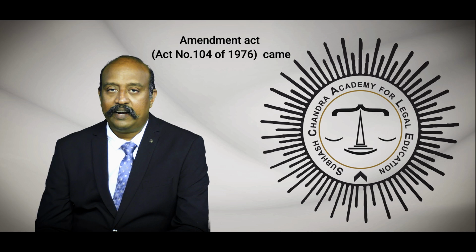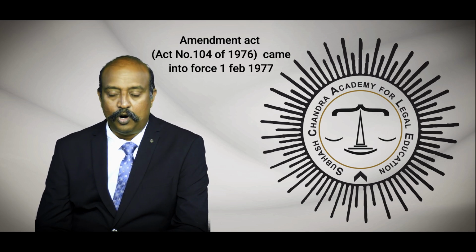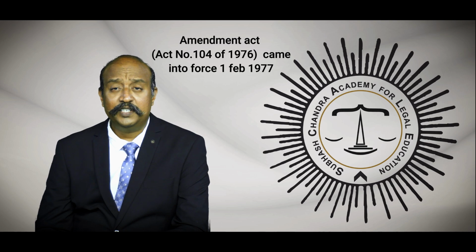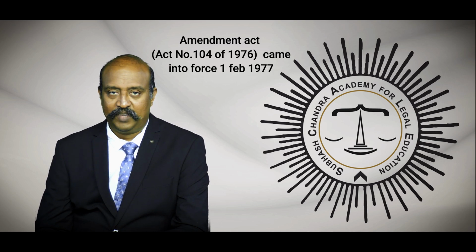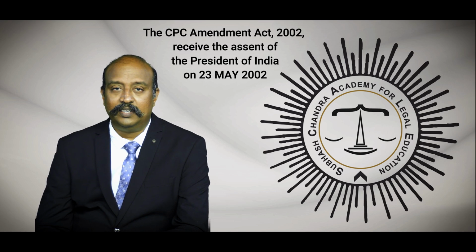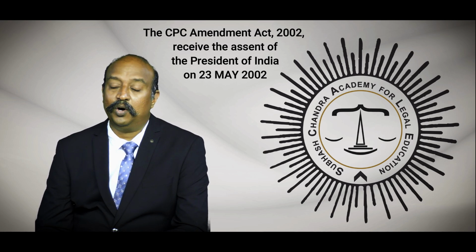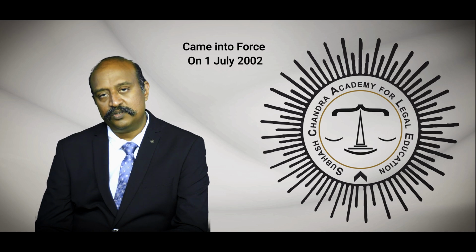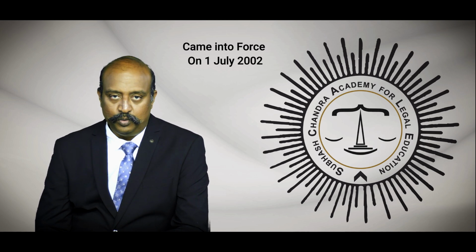With the Amendment Act 104 of 1976 came into force from 1st February 1977. The CPC Amendment Act 2002 received the assent of the President of India on 23rd May 2002 and came into force on 1st July 2002.